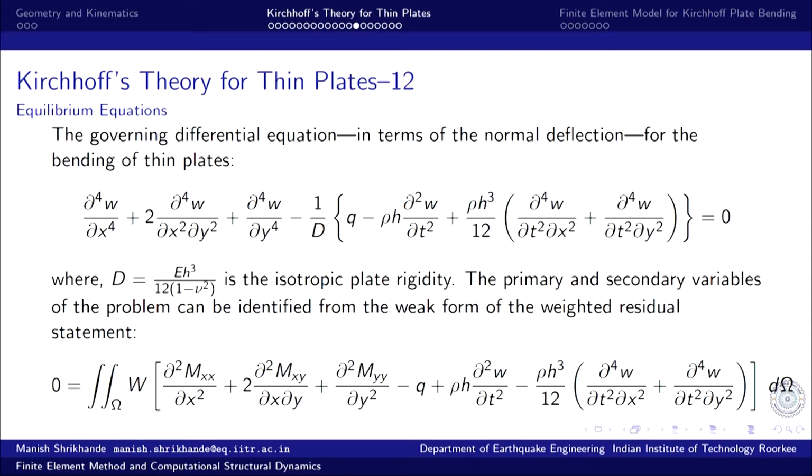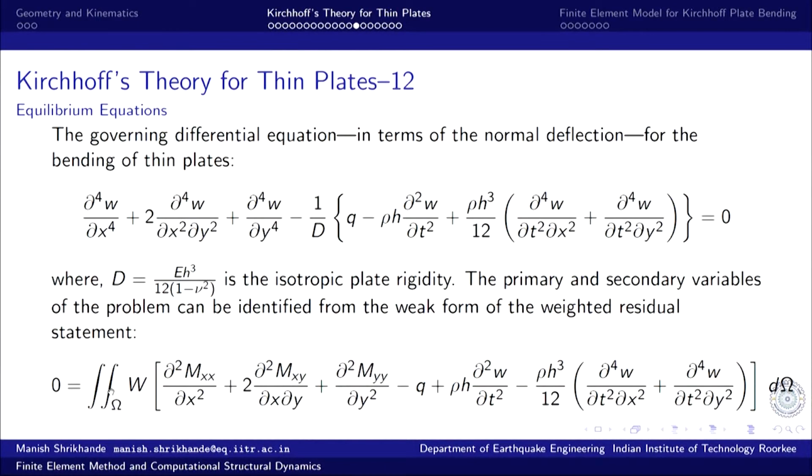Now, this is the equilibrium equation for the plate bending problem. In order to develop the finite element model for this problem, it is first necessary to identify the primary variables and secondary variables, and for that we develop the weak form of this governing differential equation.